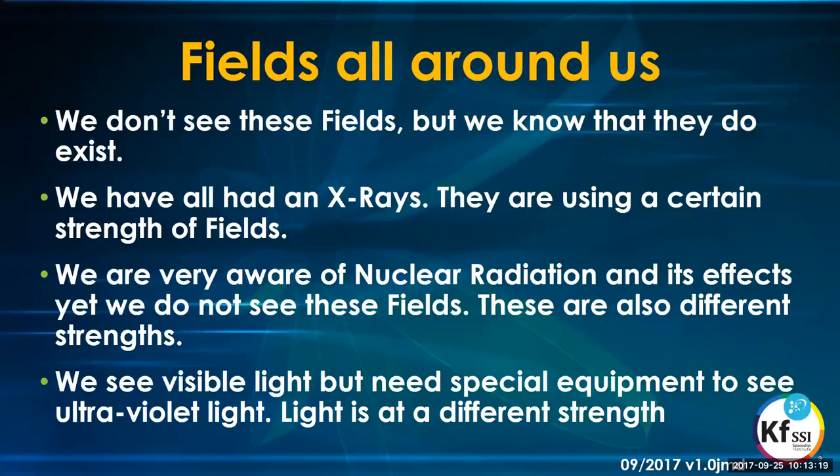We don't see them, but we know that they are there. We are very aware of nuclear radiation and its effects, yet we don't see these fields either. These are also a different strength. We see the visible light, but we need special equipment to see ultraviolet light. So light is also at a different strength. So we know that there are some fields around us that we don't see.